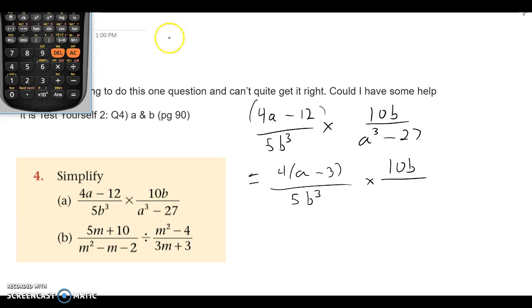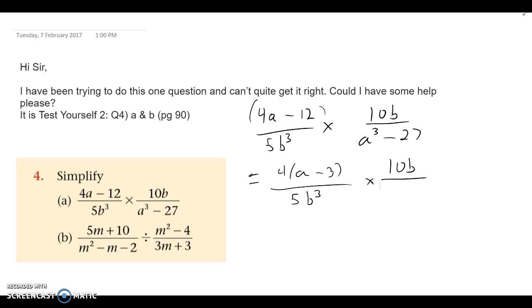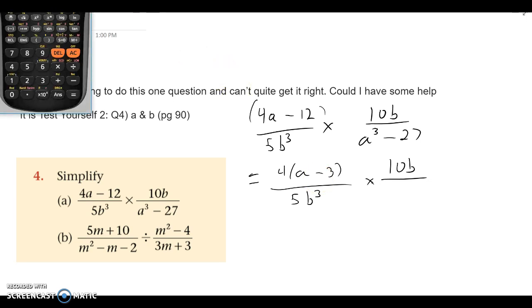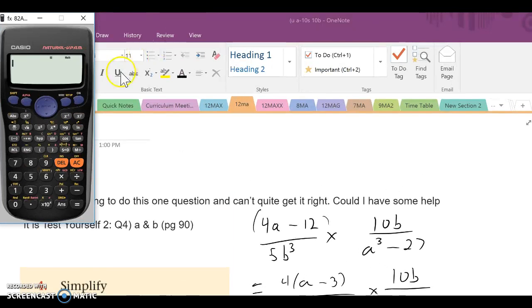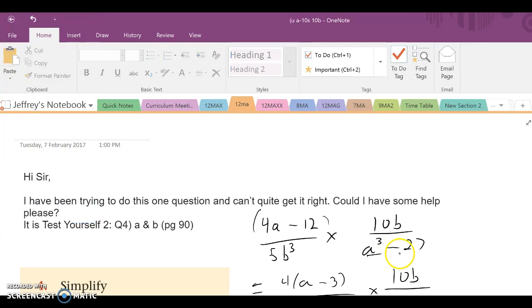Let me grab the calculator here and check. There we go, moving that up. What's the cube root of 27? It's 3. And so that means that this is a difference of cubes.